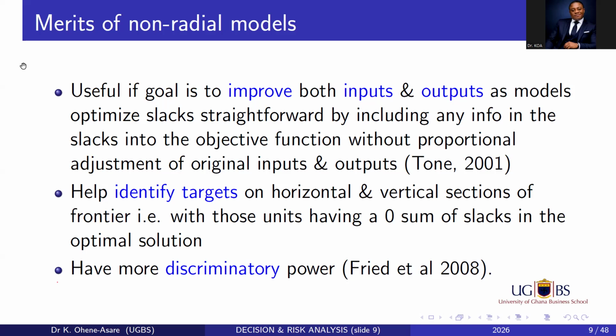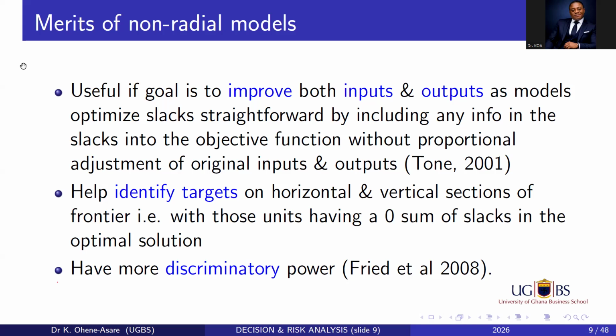So what we are saying is that the non-radial models, particularly the one we are going to look at, take the slacks that have been neglected by the radial guys, and they don't just incorporate the slacks or tell you that they are slacks, but then they affect the efficiency score. They add the slacks that were ignored to your efficiency score so that your efficiency scores are penalized with the identified slacks.